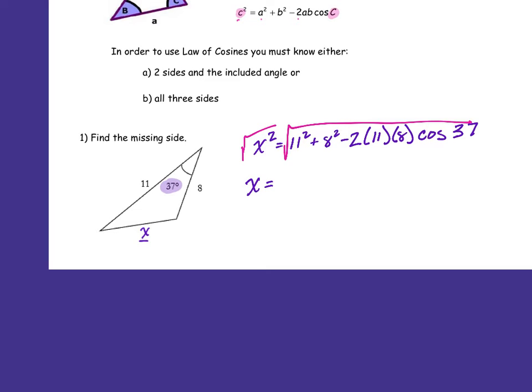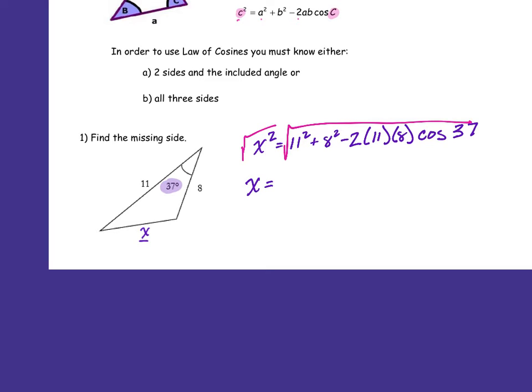Graphing calculator. So I'm going to put this all in exactly like what I have written down on my paper. So I have the square root of 11 squared plus 8 squared. And the nice thing about Desmos is you can see it should look exactly like your paper.